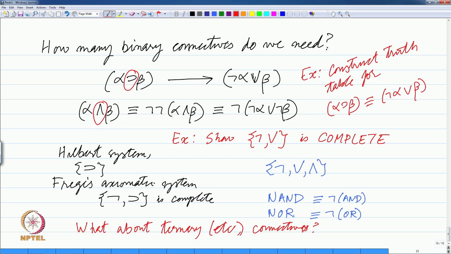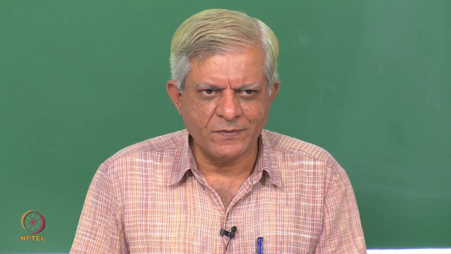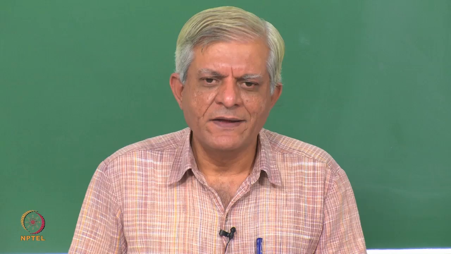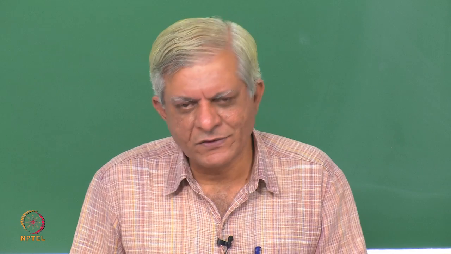Do we need something which will say that I want to connect 3 formulas to form one compound formula essentially? Because all the connectives that we have seen are binary connectives, they take 2 formulas and give you one compound formula. What about taking 3 at a time or 4 at a time or 5 at a time? Can we say something more than with those things?